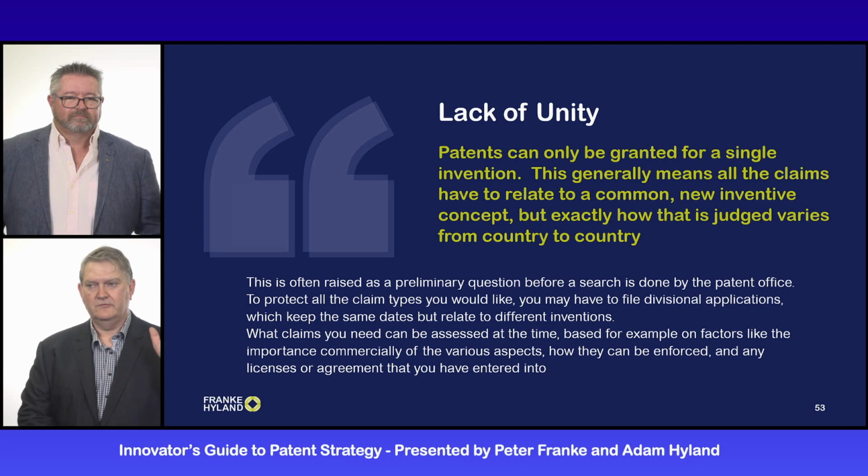The examiner will say, well, you've got 50 claims. I think these 15 relate to one invention, these ones relate to another, and these relate to another. And you can, to some extent, argue the point, but you've usually got to pick one of those to have it examined, and then decide later on whether you're happy for the other aspects to just be dependent aspects, in other words, not standalone inventions, or file a divisional application, which I explained a little bit earlier.